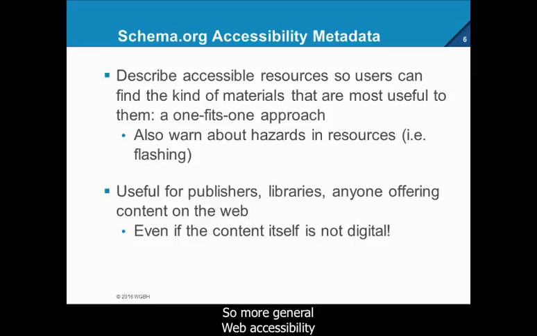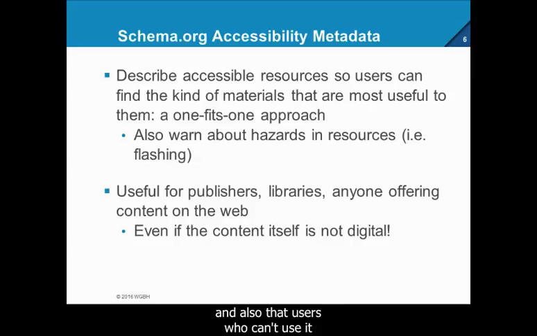So more general web accessibility aims to have every resource be accessible to every person, but accessibility metadata takes the approach that sometimes a resource is very accessible to some people and maybe not even accessible to other people. And what's most important is that the users who can use it know that it's accessible to them and can find it.